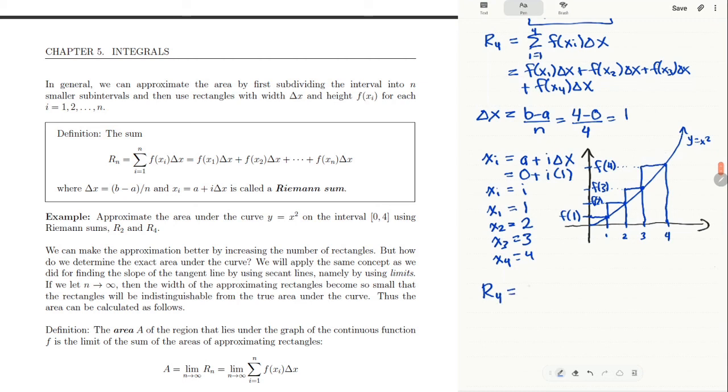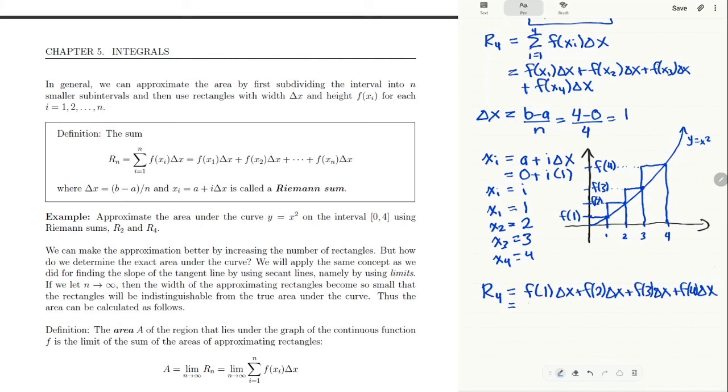So our R4 is given by f of 1 times delta x plus f of 2 times delta x plus f of 3 times delta x plus f of 4 times delta x. We know that the width of each rectangle is 1.